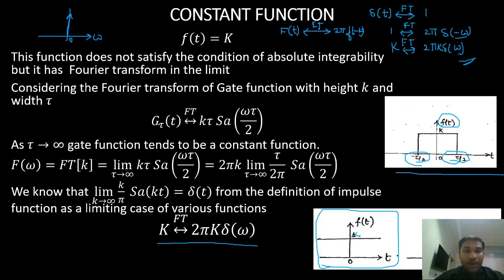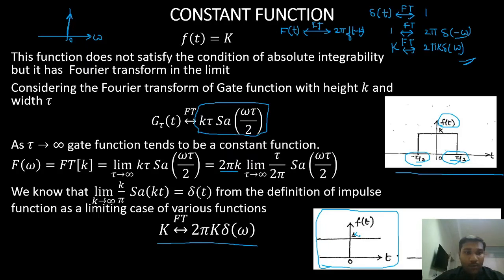That is nothing but, taking the limit tau tends to infinity, k tau sampling omega tau by 2. Now that is equal to, multiplying and dividing by 2 pi, 2 pi k limit tau tends to infinity tau by 2 pi sampling omega tau by 2.